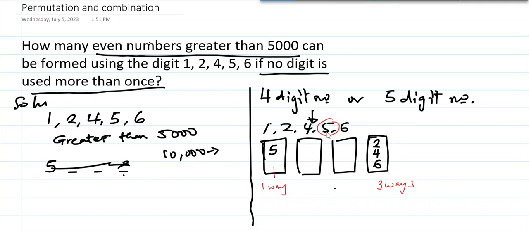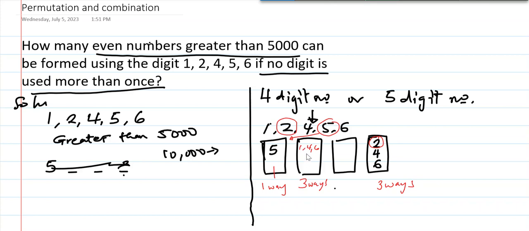Now, if 5 is starting, and for example, 2 is at the end, how many possible values do I have to fill this place? I have 1, 4, and 6. It gives me 3 ways of putting a certain number here. The number can be 1, can be 4, and can also be 6.